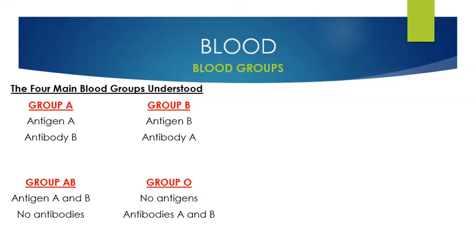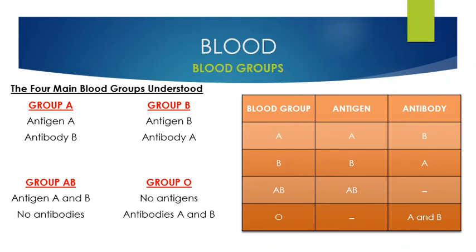It's very important to know these concepts, as when we look at blood transfusion, they'll be very helpful to understand which group can give blood to which other groups. Now, here's a table that you can copy down to easily remember the blood groups, their antigens, and their antibodies.